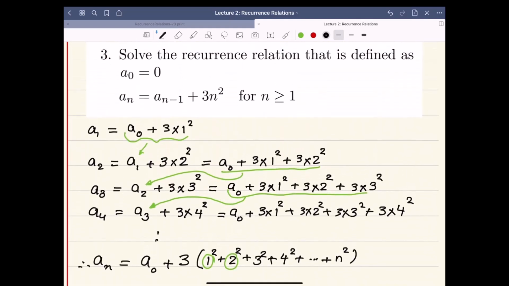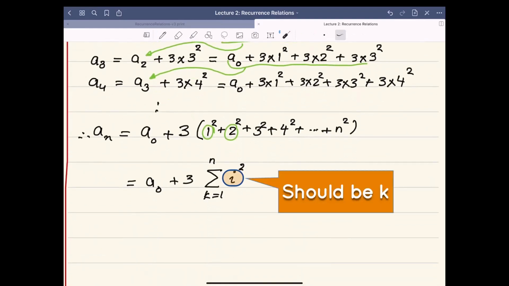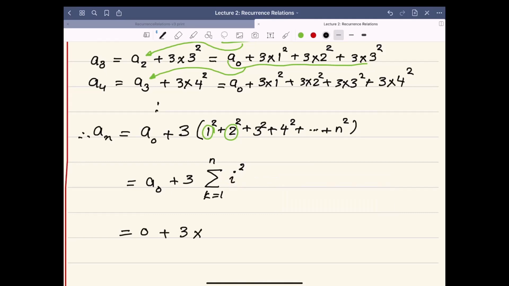a0 is given at the beginning as 0. See, a0 is 0, so we will substitute 0, plus 3. Now, the formula for the sum of squares, if you recall, is n multiplied by n plus 1 multiplied by 2n plus 1, over 6.